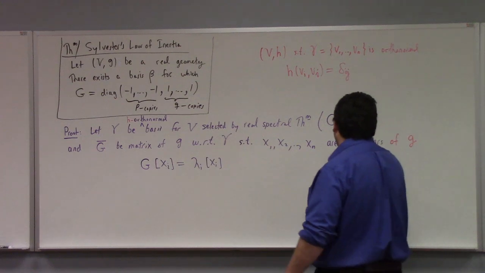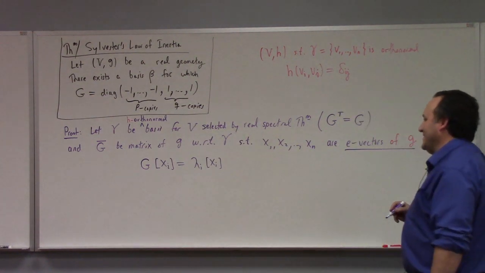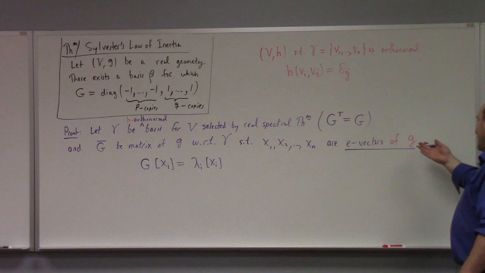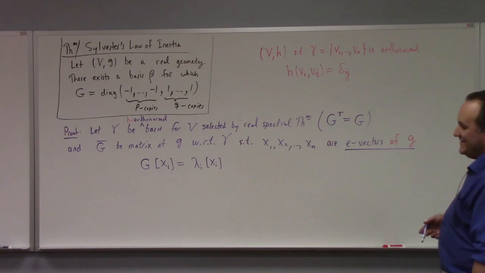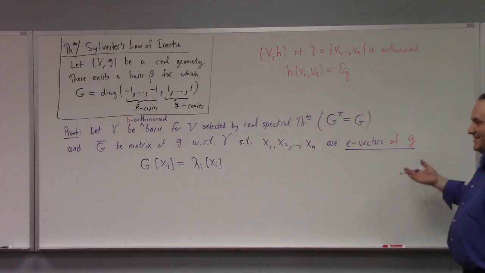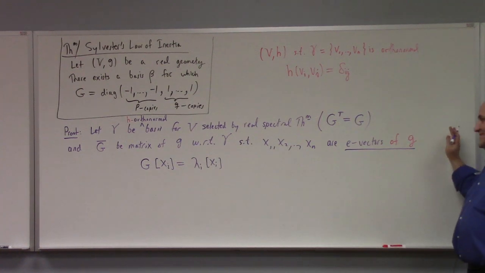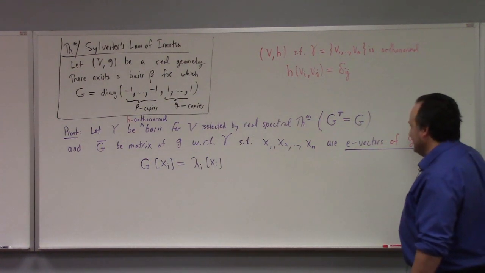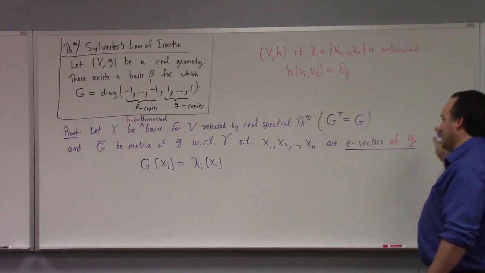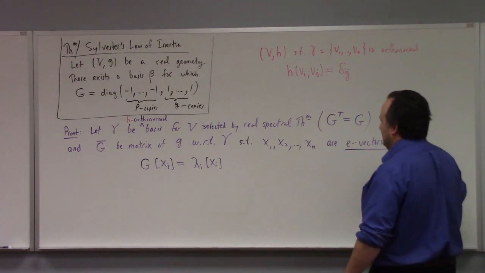I say eigenvectors of G. I don't know what that means. Hold on a second. What am I talking about? Eigenvectors of G, that's just nonsense, isn't it? Is G a linear transformation? I can't say this. Eigenvectors of what?